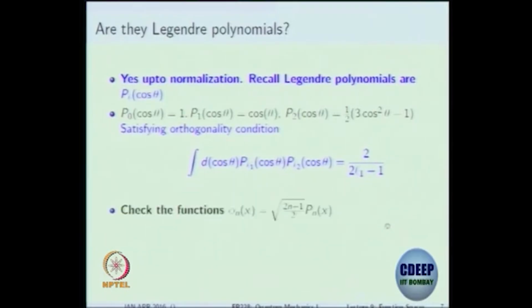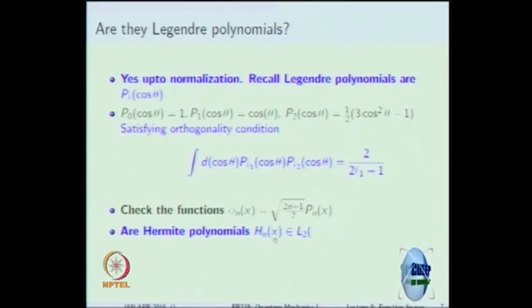I leave it to you to check that phi n of x will actually be root of (2n plus 1) by 2 times Pn of x. The next question is Hermite polynomials, functions of x.